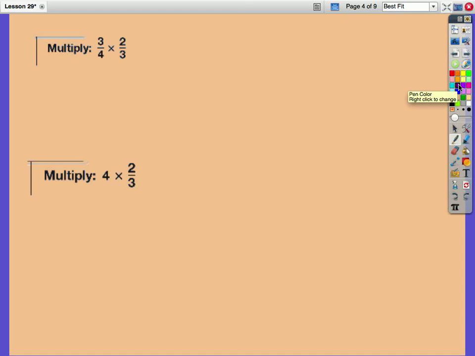So next example says multiply 3/4 times 2/3. So let's multiply the top. 3 times 2 is 6. Bottom, 4 times 3 is 12. Now, 6/12. We know we can reduce it because they're both even, so we could reduce it by dividing by 2.